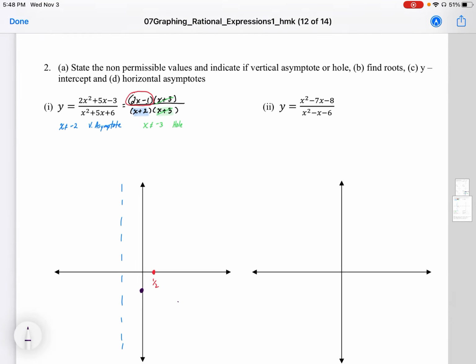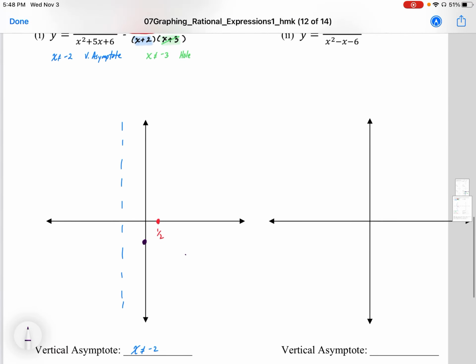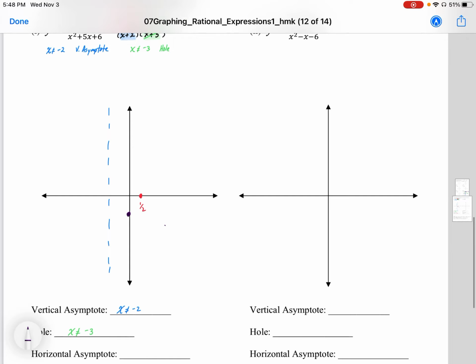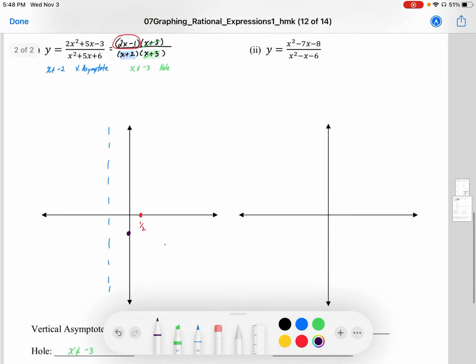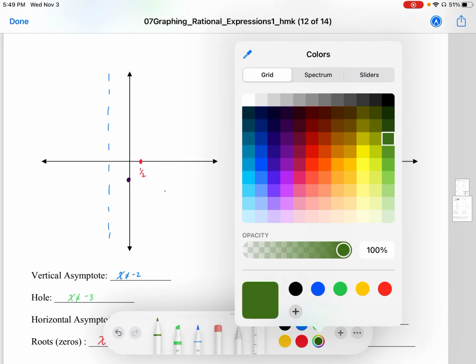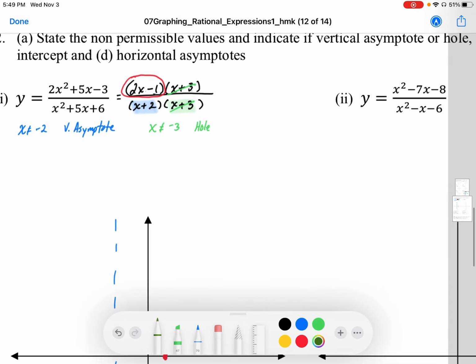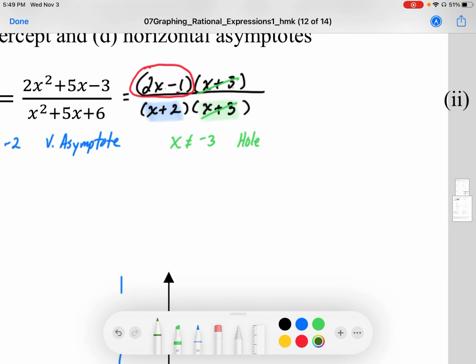Okay, so then I want horizontal asymptotes. So the horizontal asymptotes are what we call end behavior. So the end behavior, let's choose a different color here, are going to be what happens as x gets really, really big. As x gets really, really big, the ratio of those two numbers gives us our horizontal asymptote.